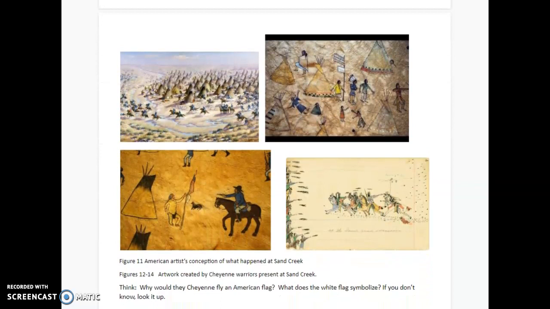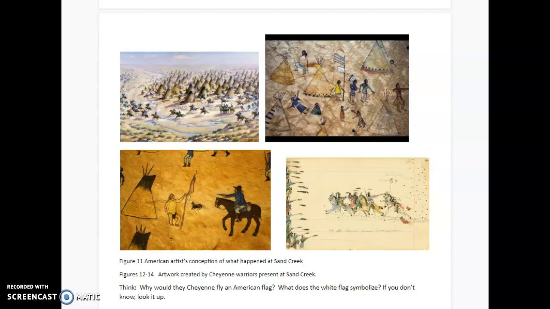The next task requires you to look at some pictures. The first picture is an artist's conception of what happened at Sand Creek, and the other pictures were drawn by Cheyenne warriors who were actually there. And you will be able to zoom in on these.